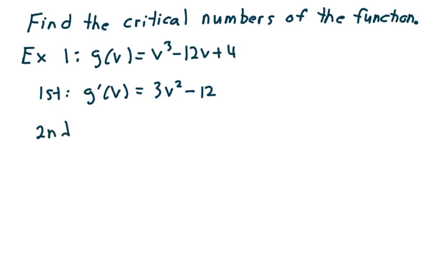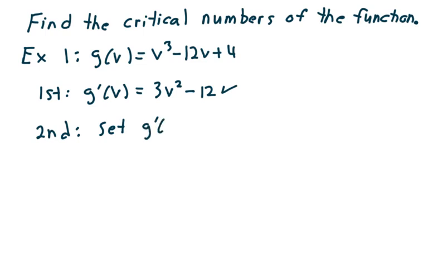Second, now I don't have to worry about any undefined values because I'm not dividing by 0. I'm not taking the square root of a negative number, things of that nature. So I don't have to worry about where g prime of v is undefined.